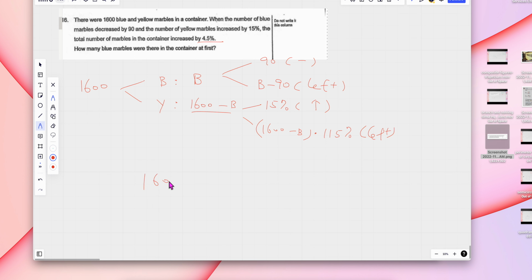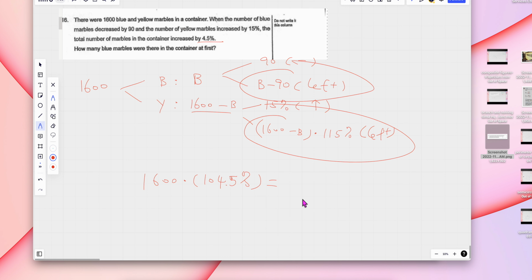So that means 1600 increased by 4.5%, right? So it's times 104.5%, right? And this will be equal to the blue left plus the yellow left. Does it make sense?